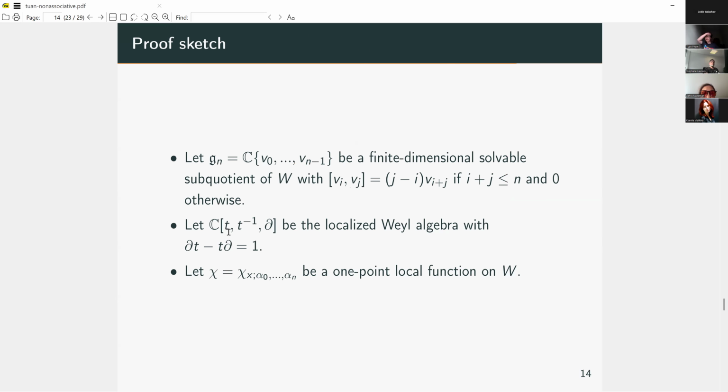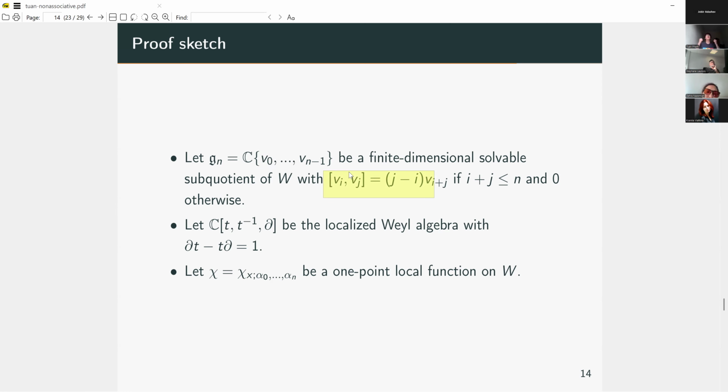So now let Gn be a finite dimensional solvable Lie algebra generated by V0 to Vn minus 1 with the following Lie bracket, where [Vi, Vj] is (j minus i) V(i plus j) if i plus j is less than or equal to n, and 0 otherwise.